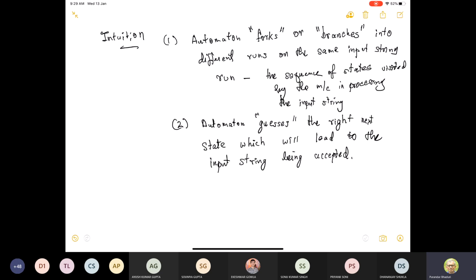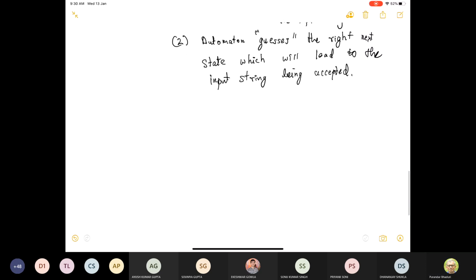We'll see an example, and here it is. We saw this before.